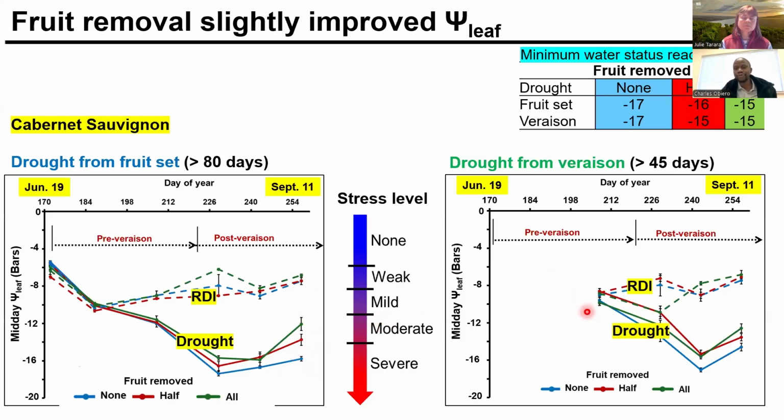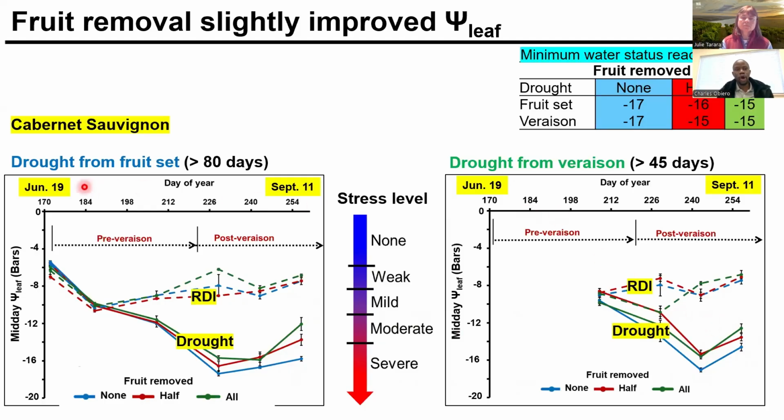Now, if we move to the drought from veraison, the same time period from June 19th to September 11th, the same period of pre-veraison and post-veraison, because we were targeting post-veraison, we stopped water and only took data for this treatment. The color coding remains the same, but when you compare, the stress levels are actually almost the same.